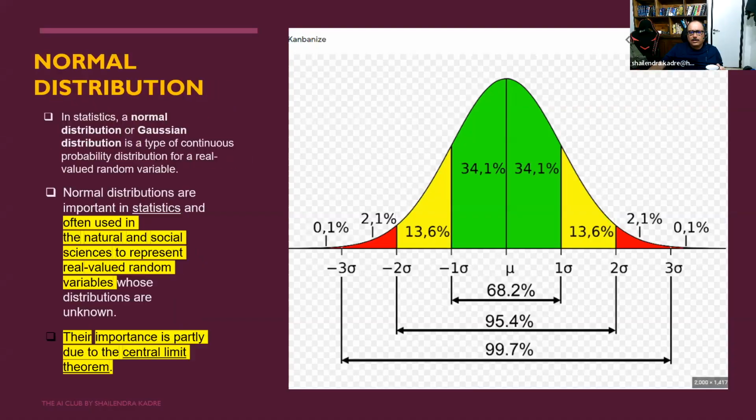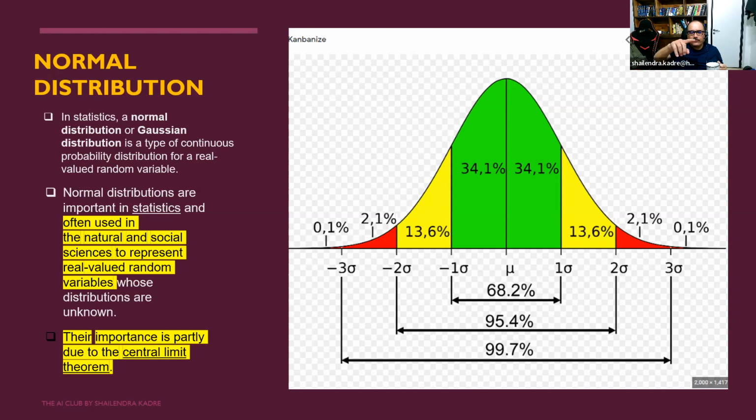Some properties are there. The importance of the Gaussian distribution or normal distribution is partly due to the central limit theorem, which we studied yesterday, and it is one of the most important theorems in statistics.